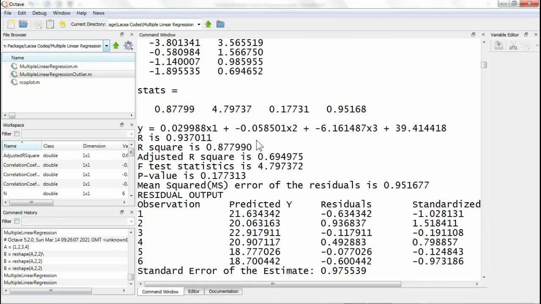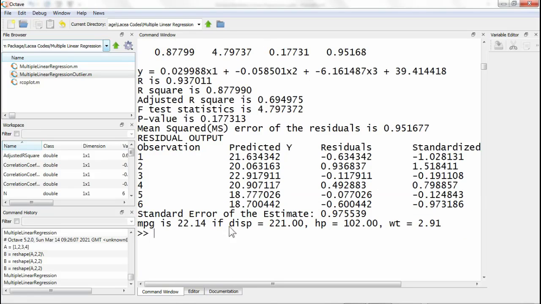And we can see the computed multiple linear regression model, the coefficient of correlation R, the coefficient of determination R squared, the adjusted coefficient of determination R squared, F-test statistics, the p-value, and the mean squared error of the residuals.